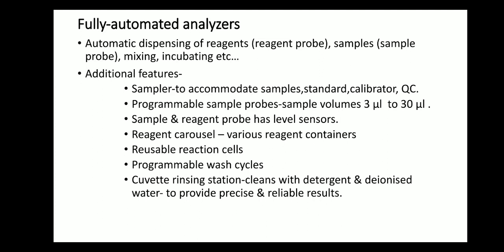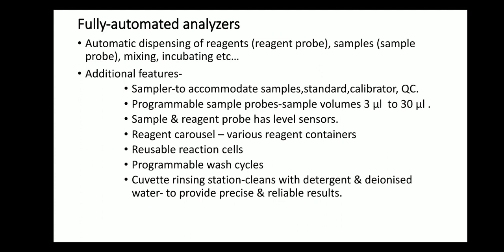If the sample is insufficient or the reagent is over, the test can't be performed properly. With the presence of sensors, we can see where the reagent is less, and we can refill or replace the reagent. If the sample is less, we can take it out and put the required amount of sample.